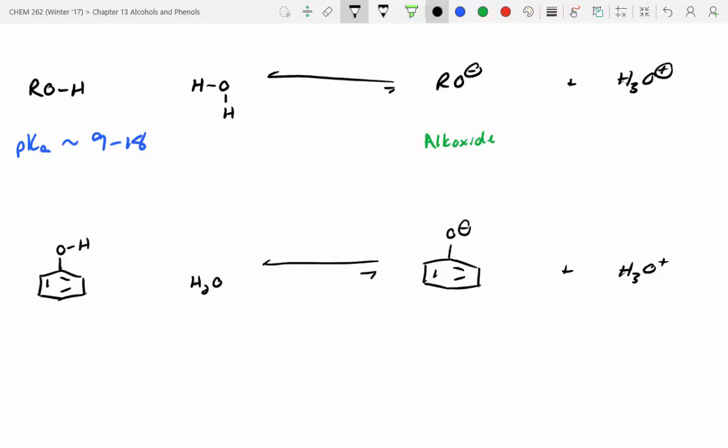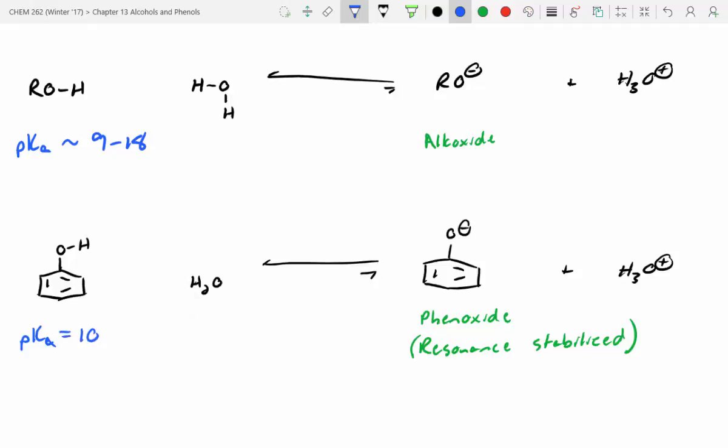Why is this so stable? Yeah, exactly. So phenoxide is resonance stabilized. And because of that, this has a pKa in the ballpark of about 10.